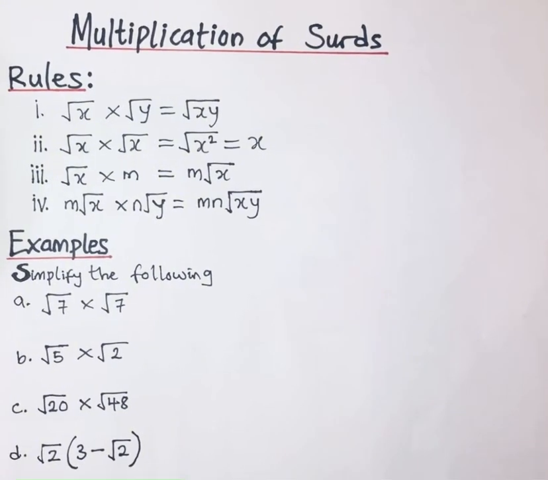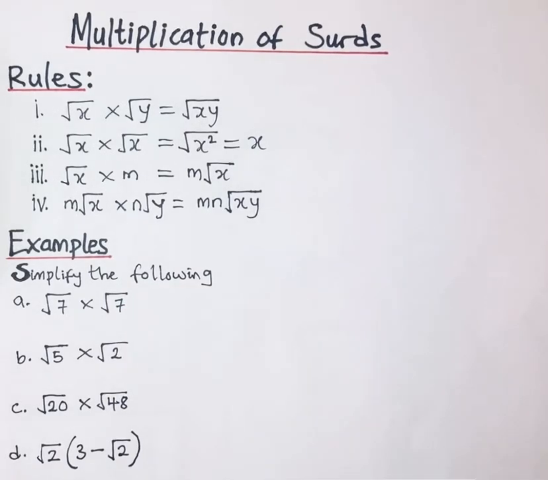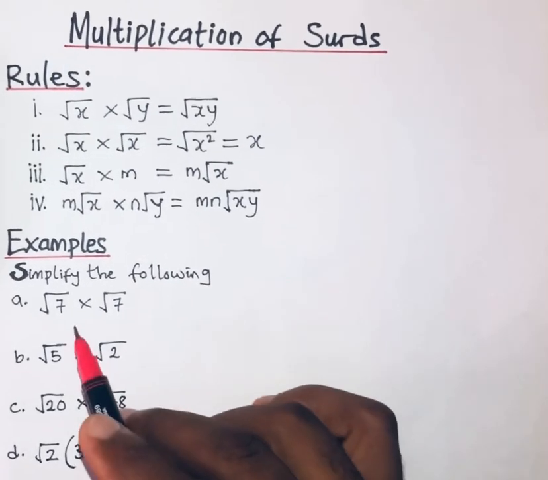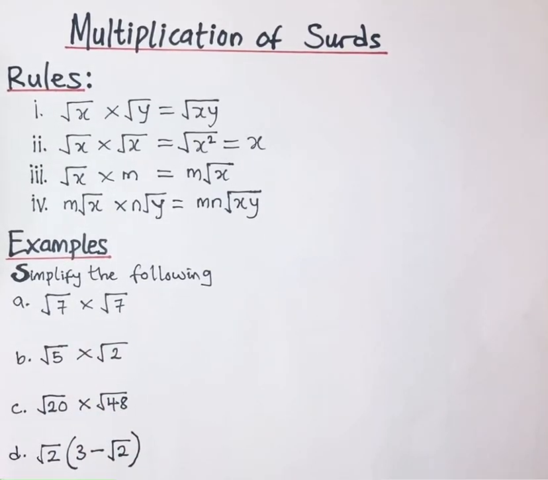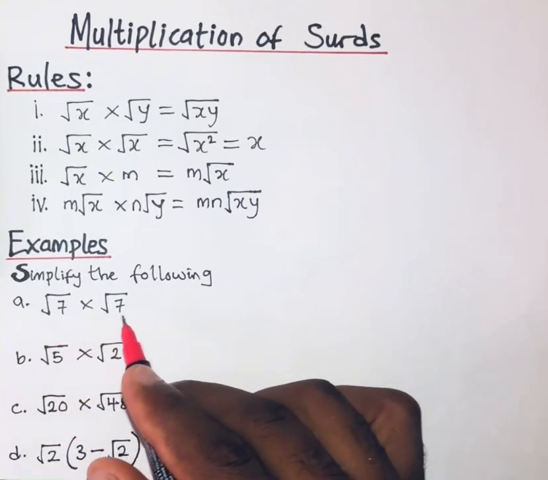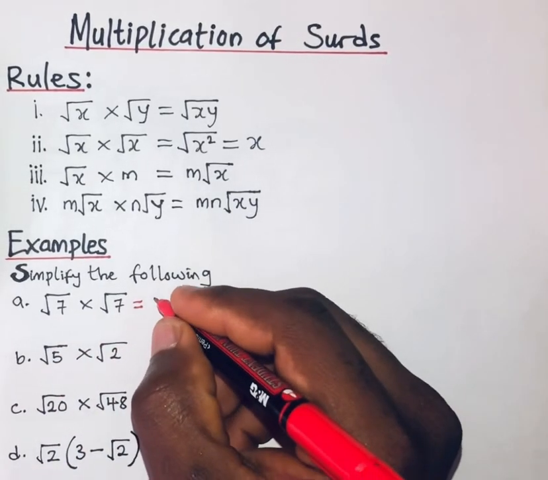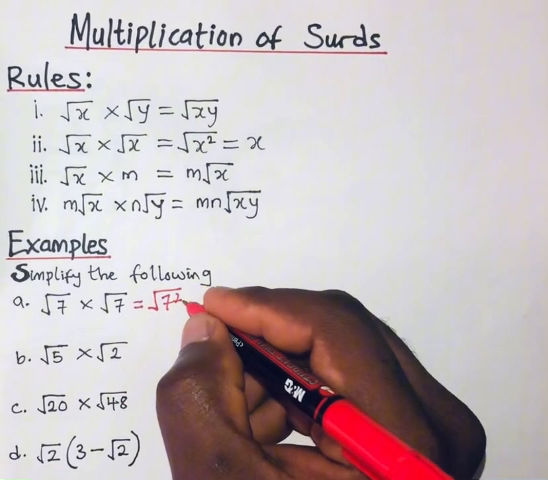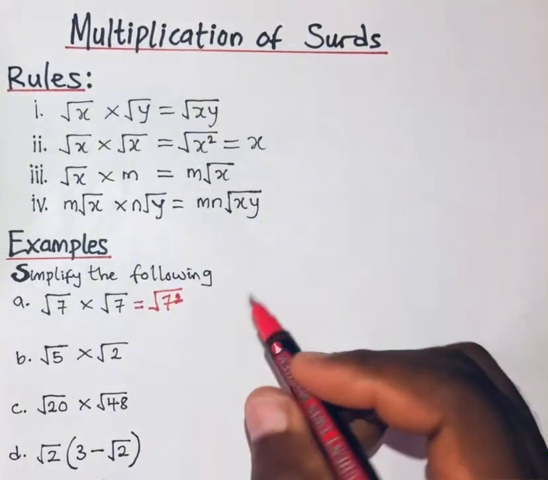So example 1, we are told to simplify the following. The first example, according to rule number 2, we can see that I have root 7 times root 7. And because the radicands are the same, the result is just going to be the root of 7 squared. And like I said earlier, the square cancels the square root.